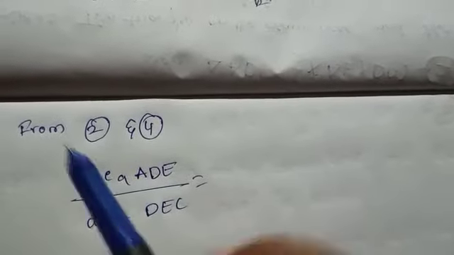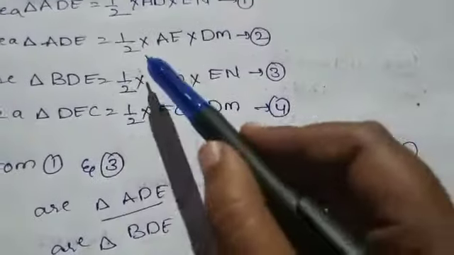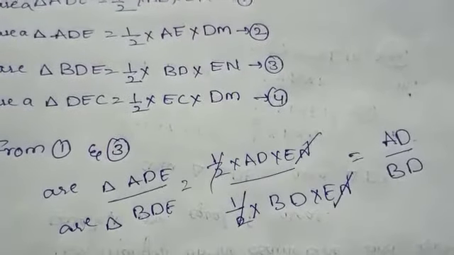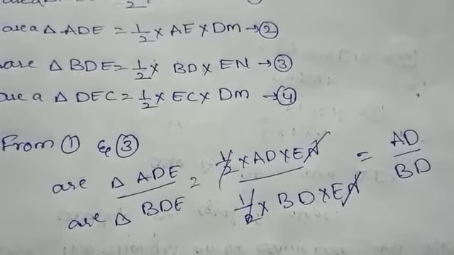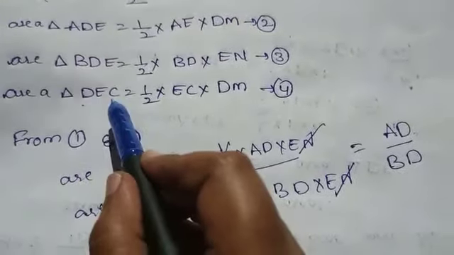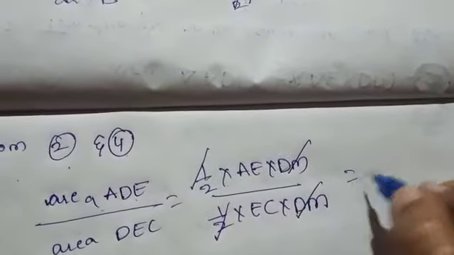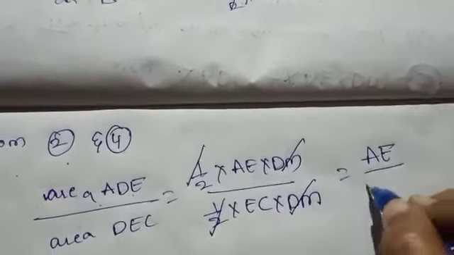In same way, from equation 2 and equation 4, area of triangle ADE is half into AE into DM by area of triangle DEC is half into EC into DM. Okay, here DM gets cancelled, half cancels, remaining AE by EC.